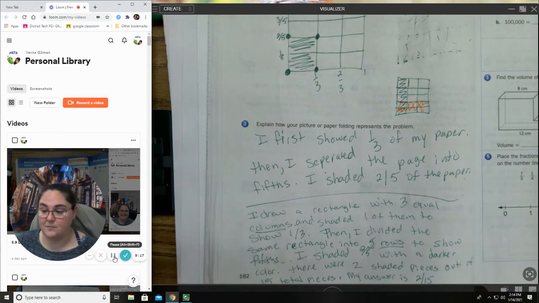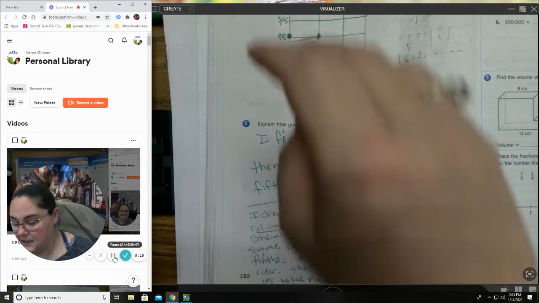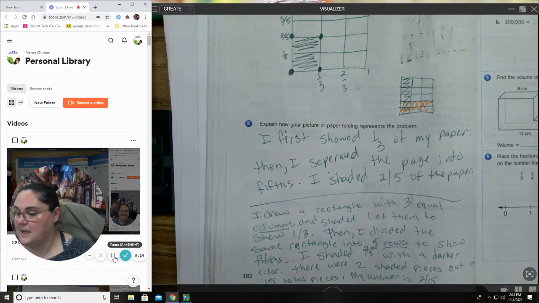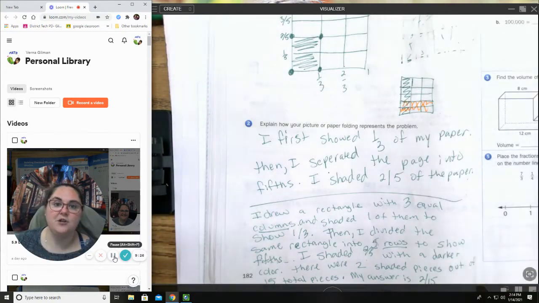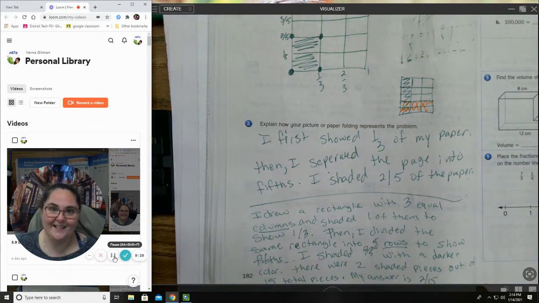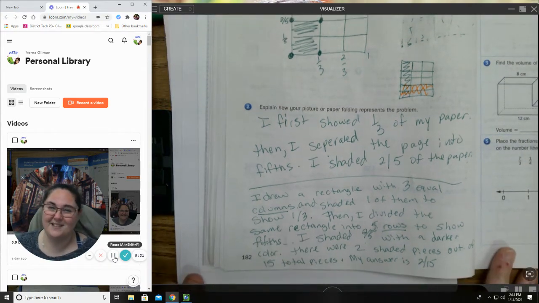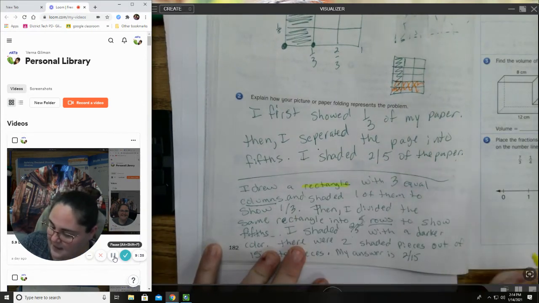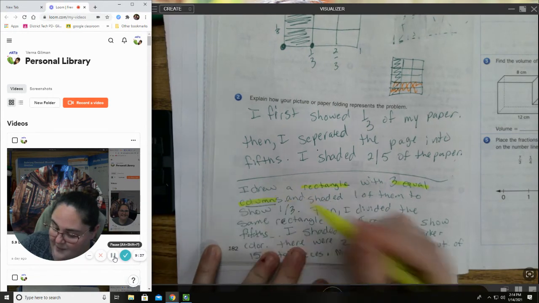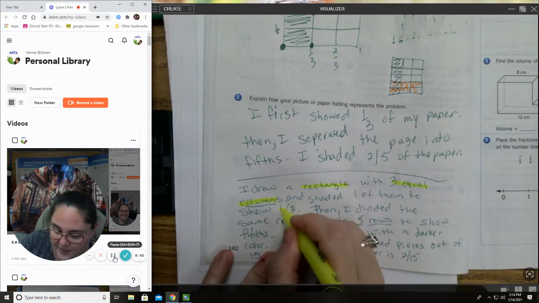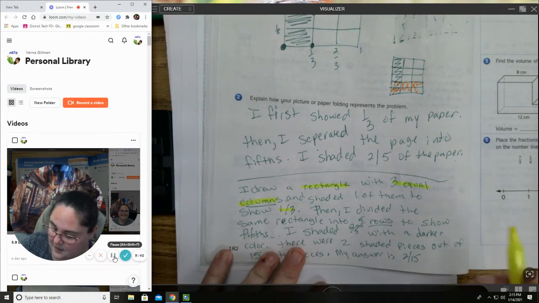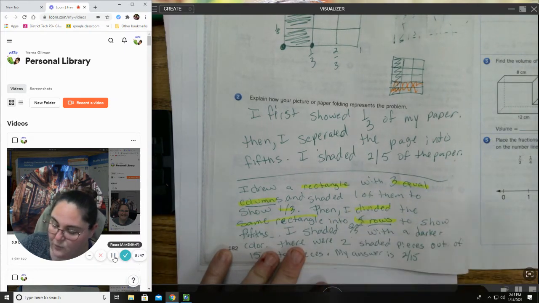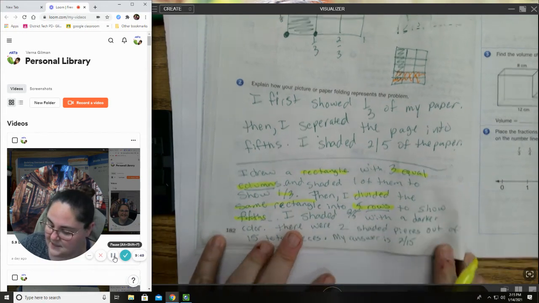Notice all of the math terms that we have in this answer. Math terms are important. We need to make sure that we're using as many as we can, because if you're trying to explain your thinking, the more math words that you can use, the more it shows your understanding. So I talked about drawing a rectangle, 3 equal columns, showing 1/3. Then I divided the same rectangle into 5 rows to show fifths.